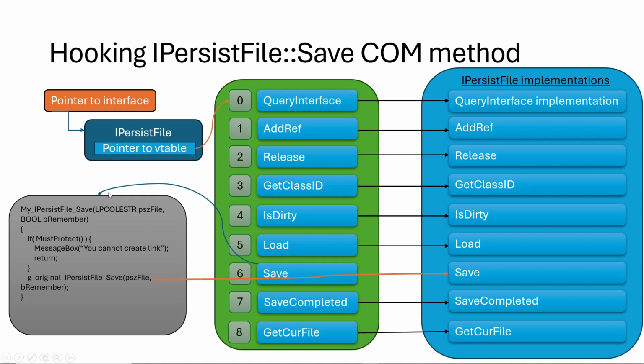That's why I'm going to modify the address that is in the 6th index of the vtable. Here I will check if I must protect. If I have to protect, I will say you cannot create the link, and I don't do anything, I just return. Else, if everything is okay, because this folder must not be protected, I call the original function, and I finally call Save.